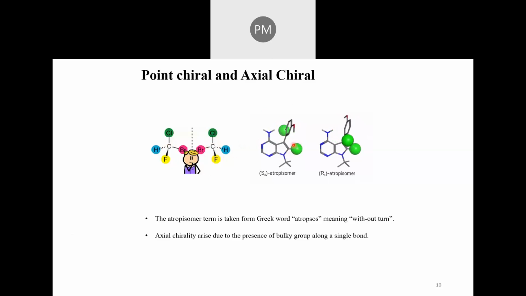Similarly, for the other case, axial chirality, it arises when there is also a non-superimposable mirror image, but there is no stereocenter point. This is due to axial chirality as above.